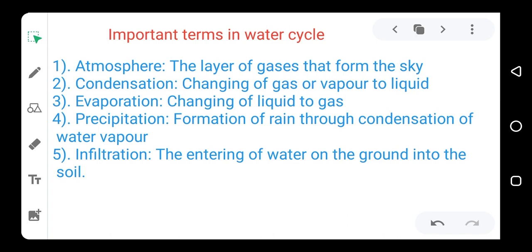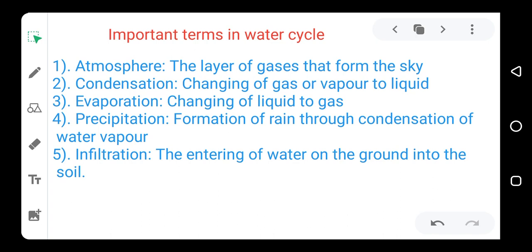Now, important terms that we use when describing water cycle. If you want to describe water cycle, there are terms that are very, very important for you to know, for you to understand how water moves. Number one is atmosphere. That is what we call the sky.